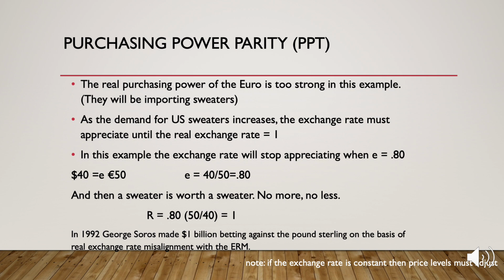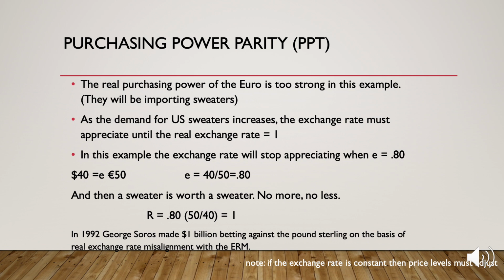The math that we used to find that is pretty straightforward. We took our $40 price of sweaters and our €50 price of sweaters, and we said, all right, we're not going to change those prices. We're going to assume those are fixed. And then we said, hey, let's pick a variable like the nominal exchange rate E and ask ourselves the question, what does E have to be such that $40 is equal to E multiplied by €50?